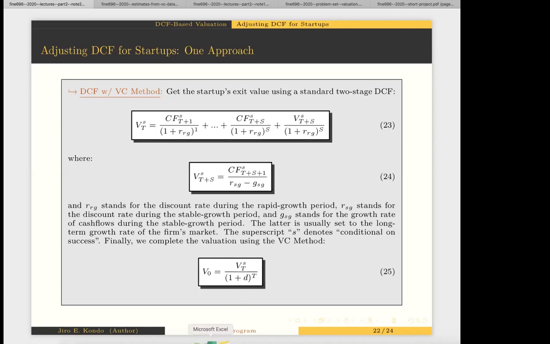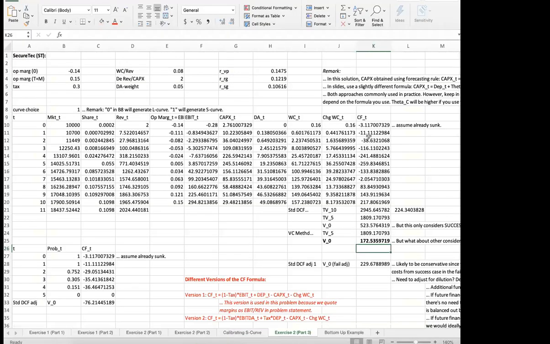Now, one thing I'll point out, which might seem unusual to some of you, is that if you look at what we did to get this calculation, notice we used all our estimates of cash flow from time 11 onwards in our terminal value calculation at time 10. So VT plus S, you want to reconcile with the notation that we have in my slides, right? This calculation here considers all the cash flows from time 11 and beyond.